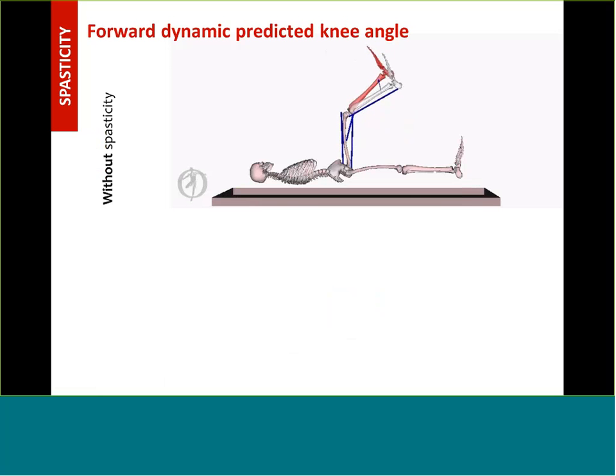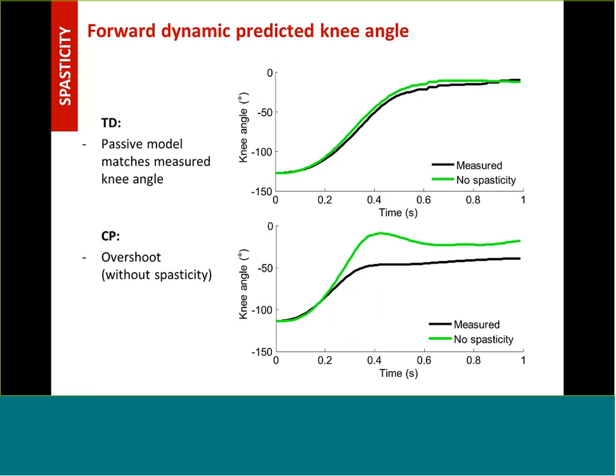This same knee angle over time is shown in these graphs, averaged over all TD subjects on top and for all individuals with CP on the bottom. And the black line is the measured knee angle over time, as you can see here, which moves from flexion towards extension. The green line represents the predicted knee angle.